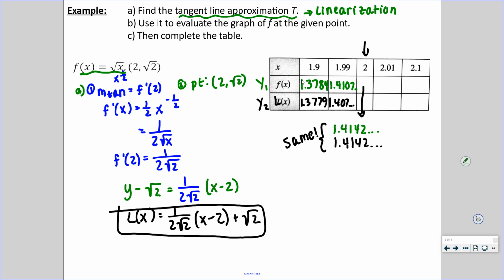Okay, and then 2.01, they look very close. For 2.1, the actual is 1.4491. This table is kind of small. The linearization is 1.4487.